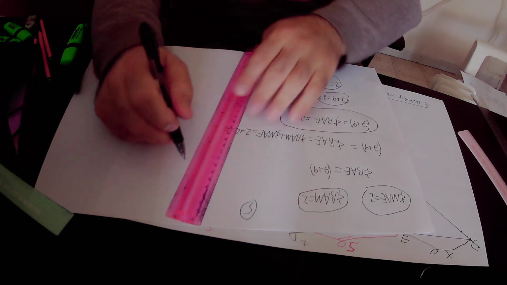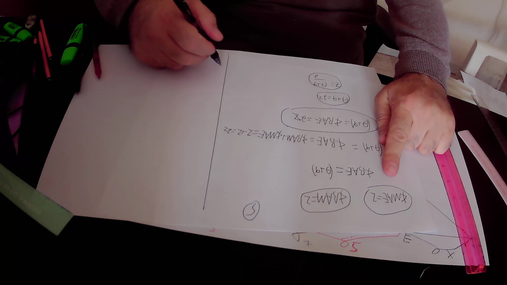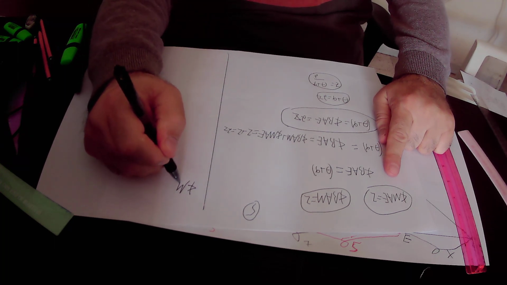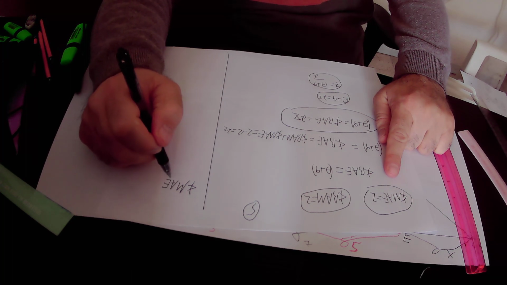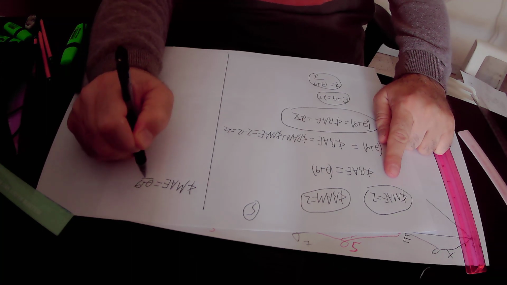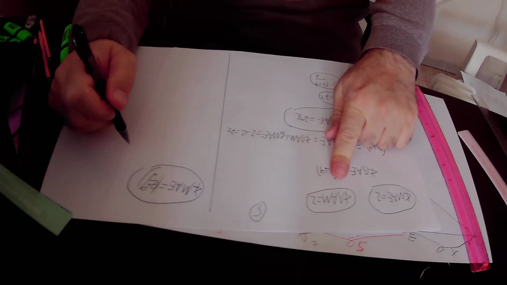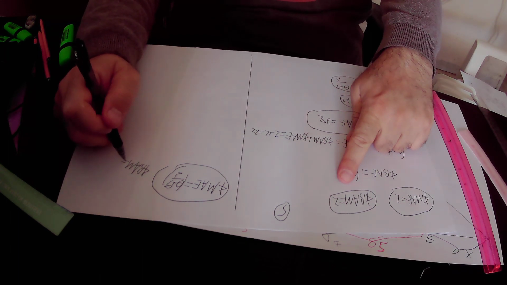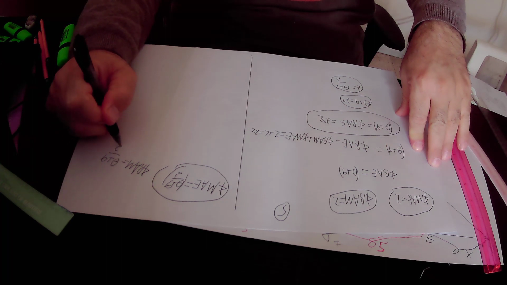So actually, angle MAE is equal to Z, that is to say it equals theta plus alpha over 2. And angle BAM is also equal to Z, that is to say it equals theta plus alpha over 2.